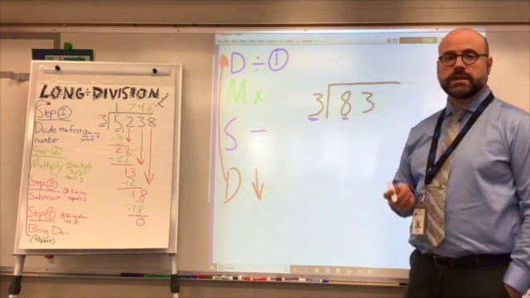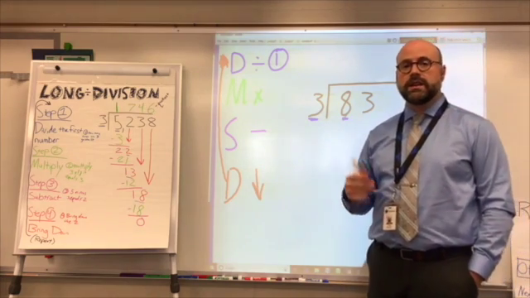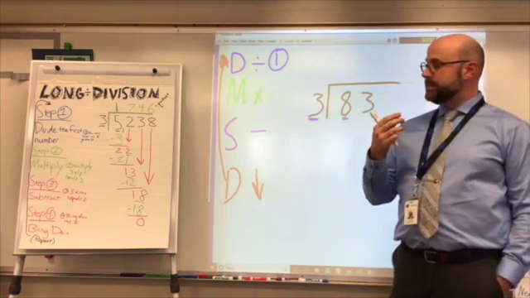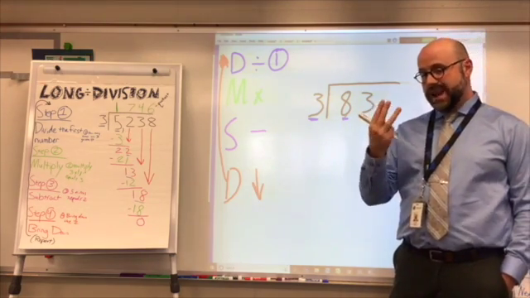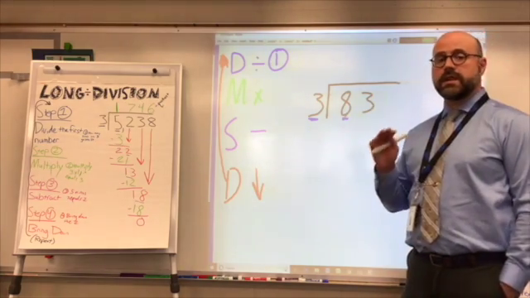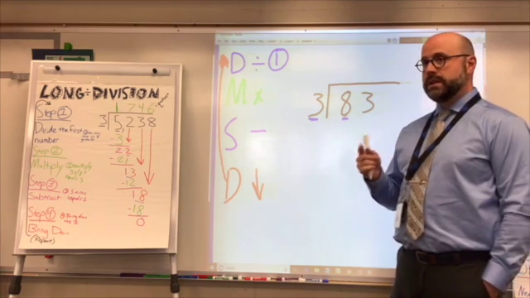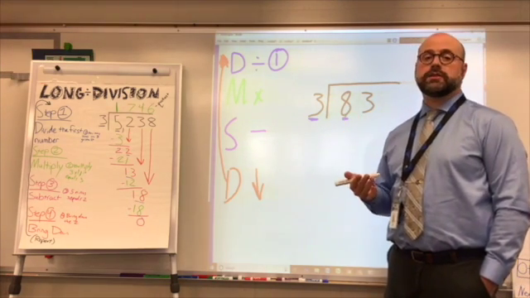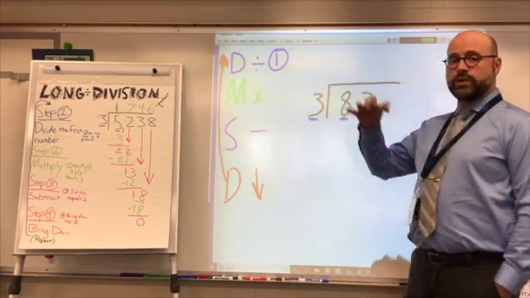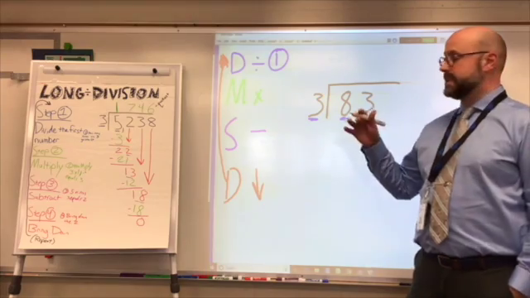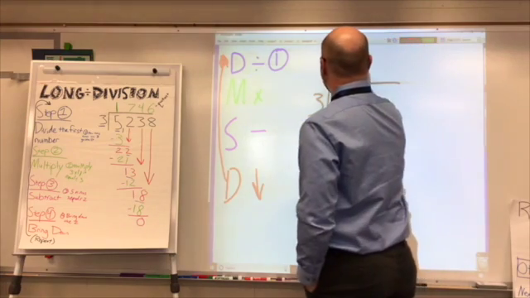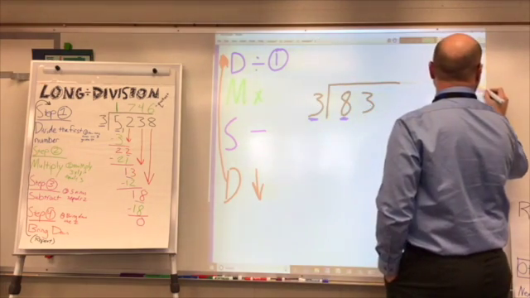If you have to skip count and you don't know your multiplication facts, that's fine. 3, 6, 9, 12. Oh. If I go 3, 6, 9, 3 times 3 is 9. 9 is greater than 8, so it's not 3 times 3. 3 times 2 is 6. 6 is as close as I can get to the number 8 without going over it. It does not go into 8 evenly. So 3 times 2, you put the 2 above on the bracket.